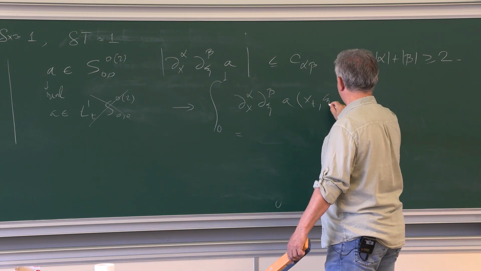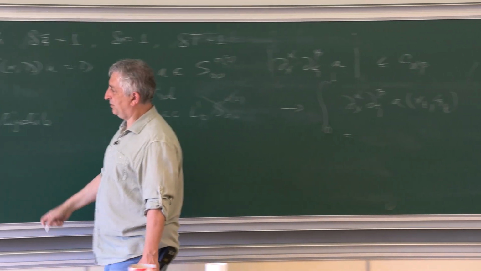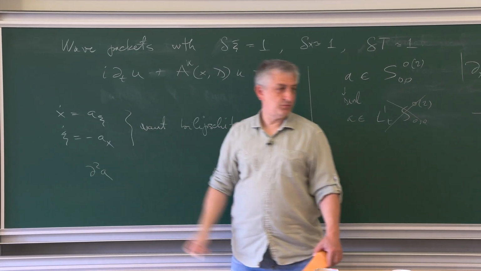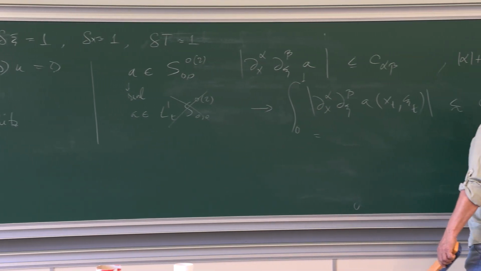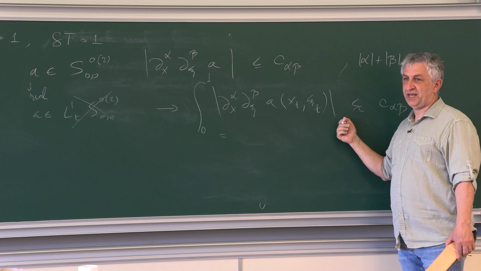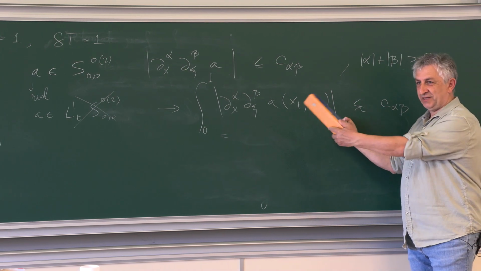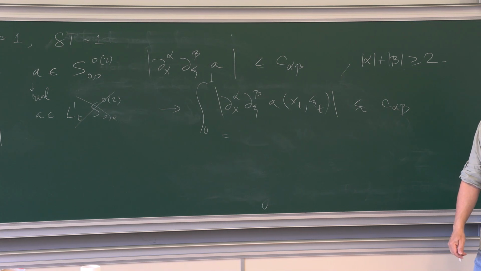evaluated at x(t), ξ(t). So x(t), ξ(t) denotes the Hamilton flow associated to the symbol A. So we ask for this integral condition instead, separately on each bicharacteristic. All right? It's integrating in time.